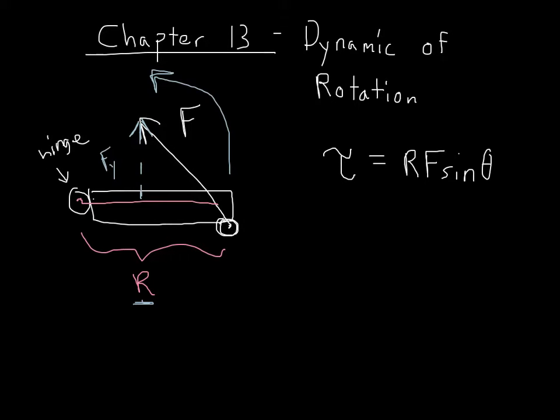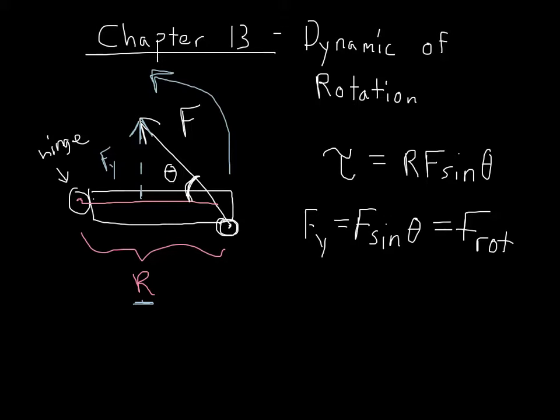If I draw the angle between my radius and where my force is acting, that angle we're going to call theta, and I can see from trigonometry that Fy is equal to F times the sine of the angle. So really, Fy is the rotational force, I'm going to call it F rot, the force responsible for my rotation.